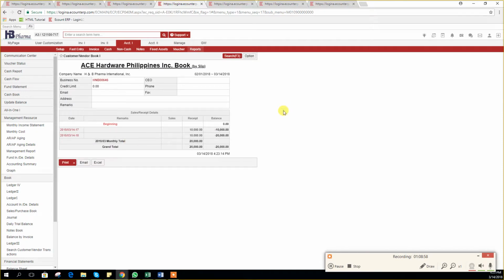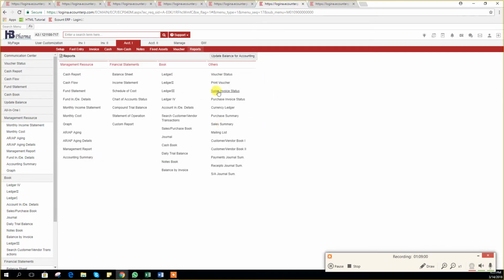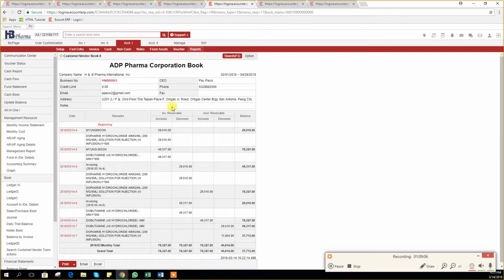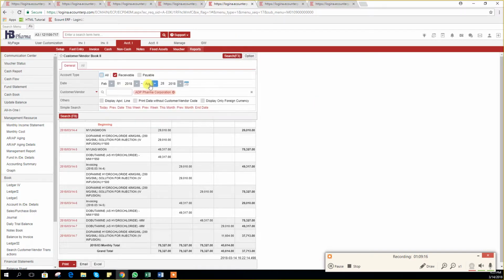Same thing, it is just that you can see the difference. Sales receipt, accounting, and inventory receipt. This is the customer vendor book. You can also use the same one for your suppliers, by clicking these payables. Maybe you buy and sell from the same people.